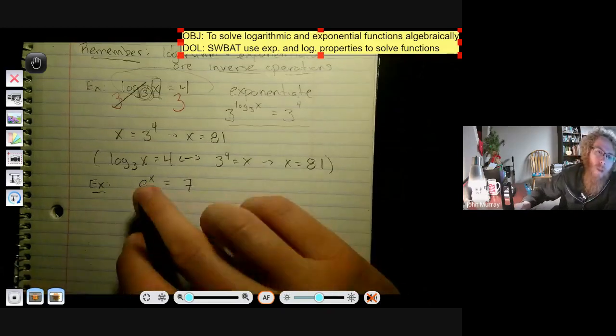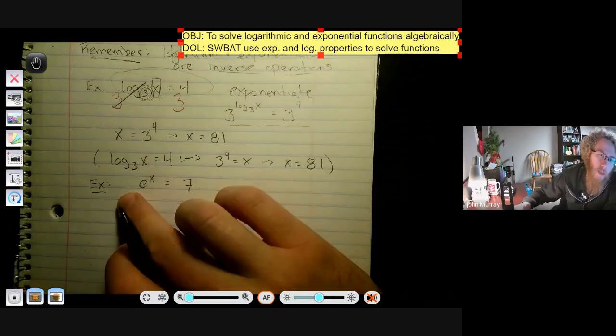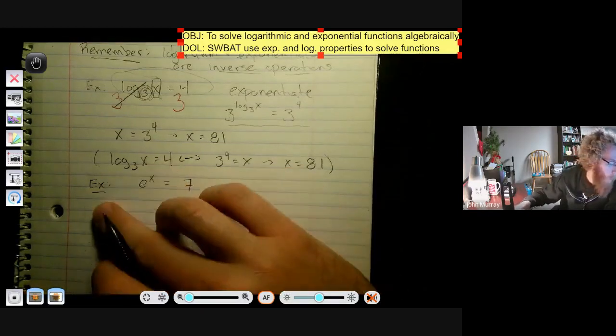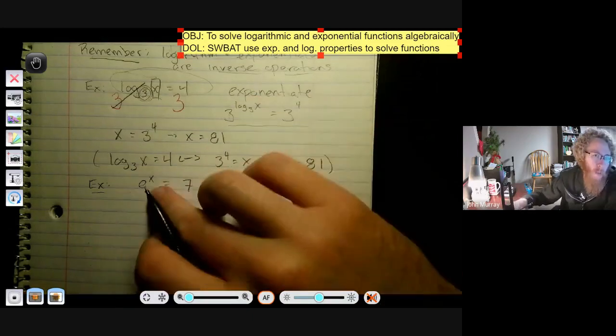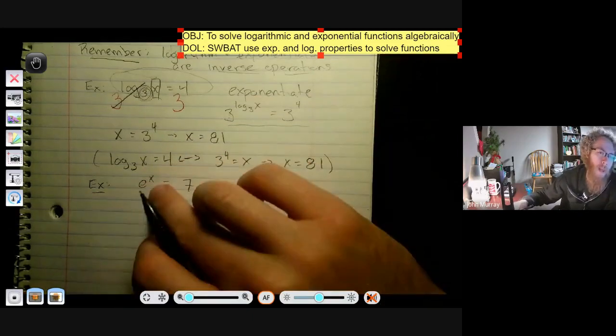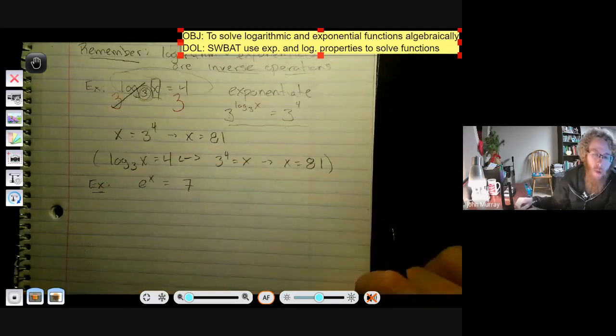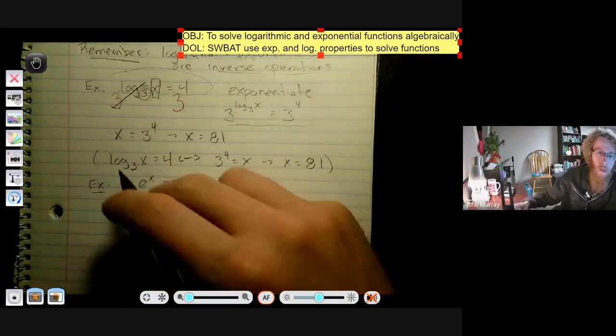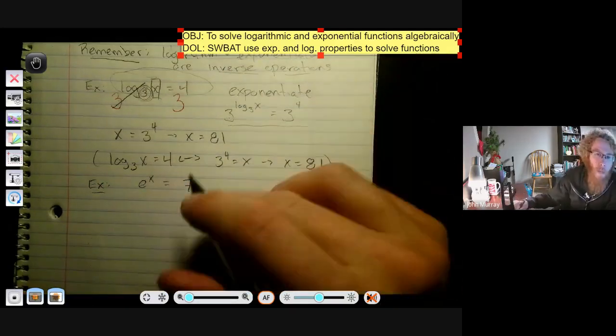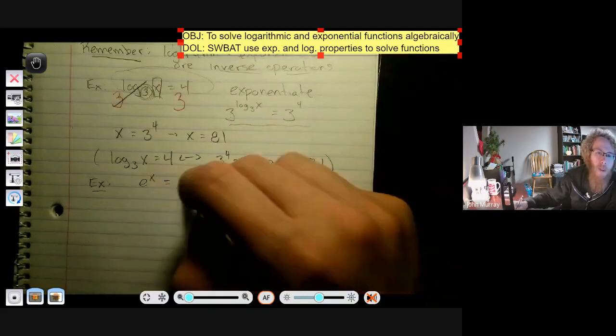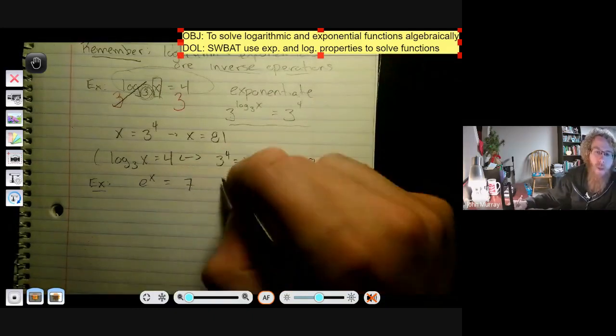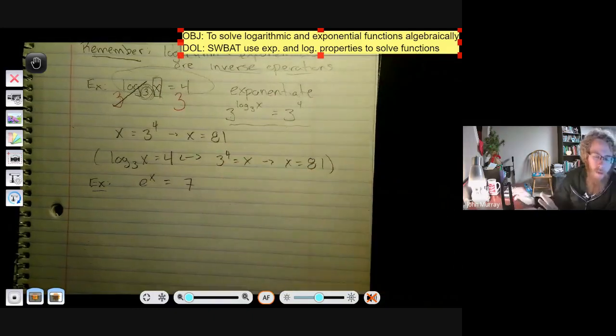So in order to move the x down, we have to remember our logarithmic properties, right? If I have a logarithm and an exponent, I can move the exponent down to the front. So again, I could pick any logarithm to move that. I could pick log base 10, right? But then I would have to calculate log of 7.